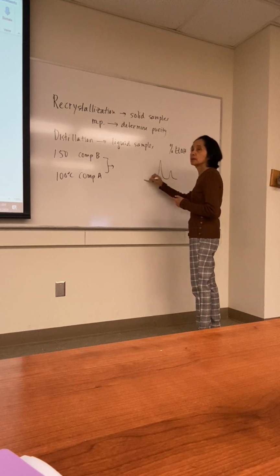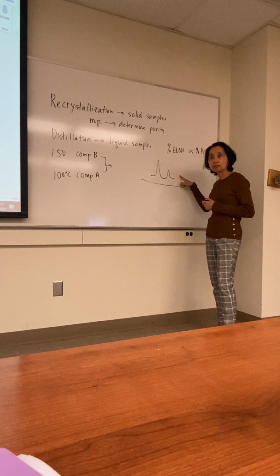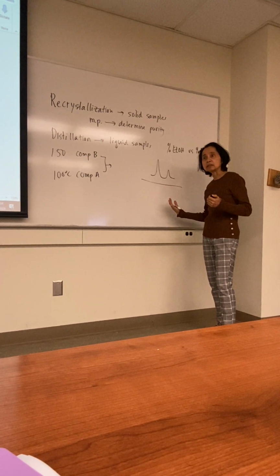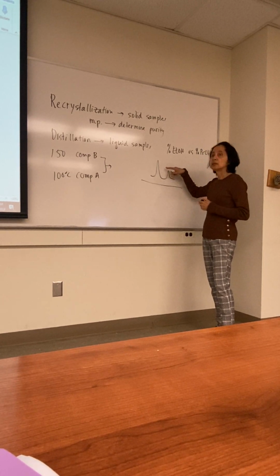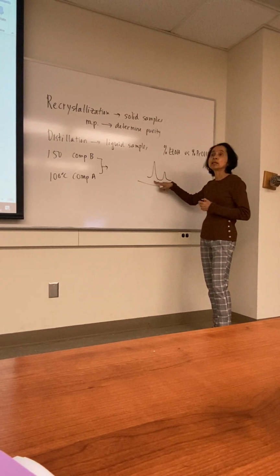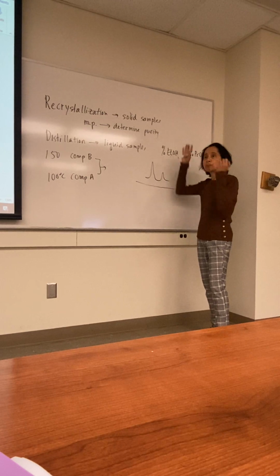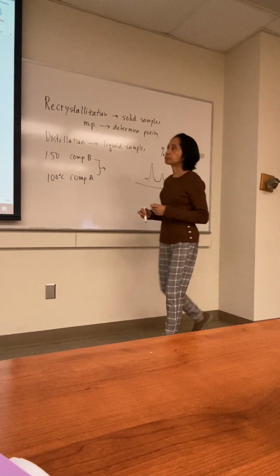I'm going to give you something like this, the graph, and then you're going to get the peak area, add it together, and then get the percentage. You will know the higher or larger the peak is, the higher the mole percentage.